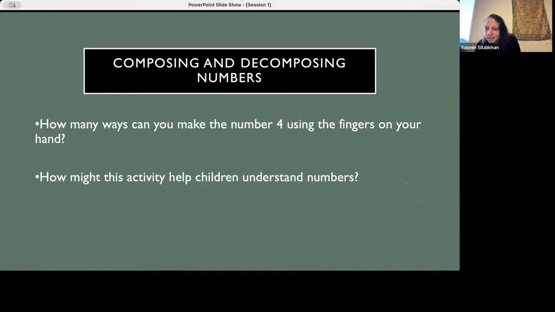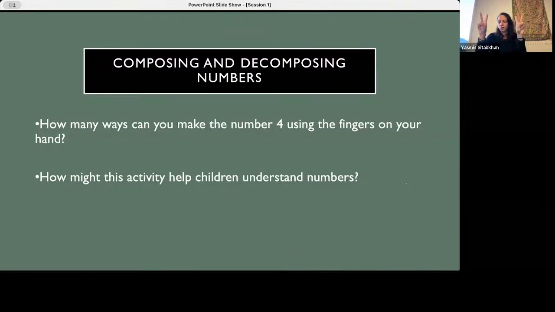Let's see. Okay. Now, how many different ways can you make the number 4? What are all the different ways? So I see 2 and 2, right?